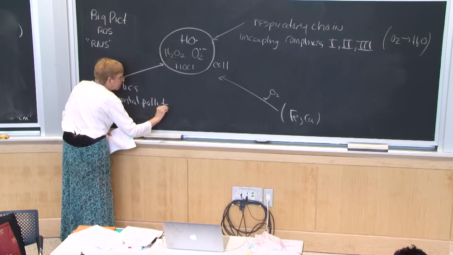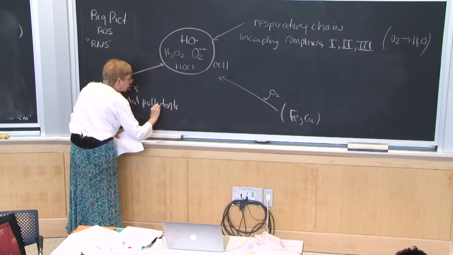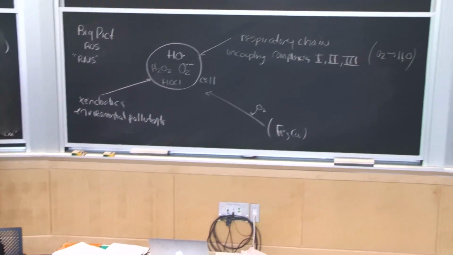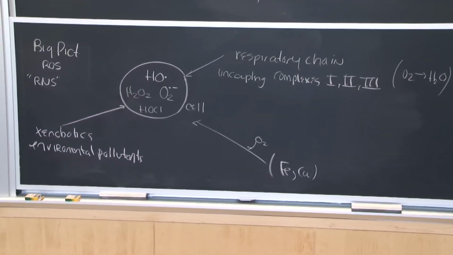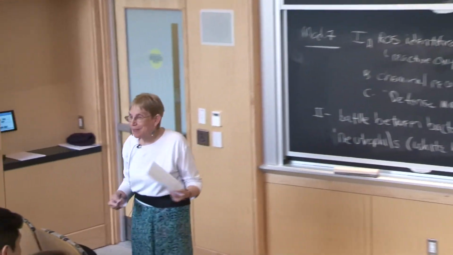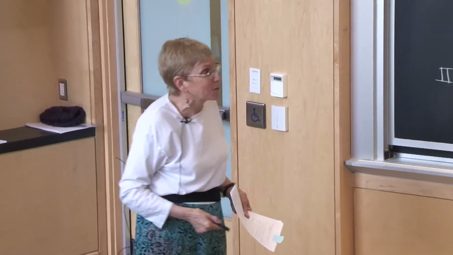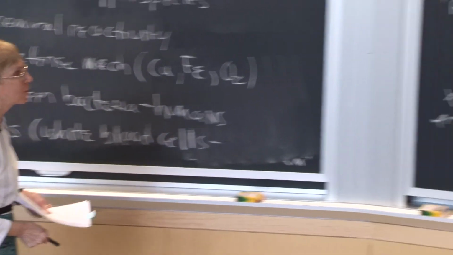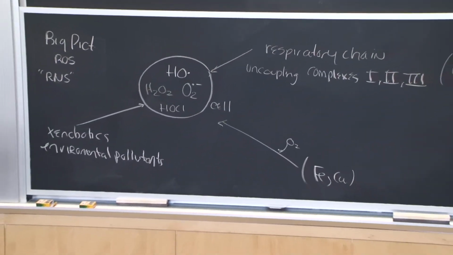If you smoke, which I guess people don't do, but when I was in graduate school, everybody smoked, and they smoked in the lab. Anyhow, pollutants can generate reactive oxygen species. Okay, so that's how we get them.